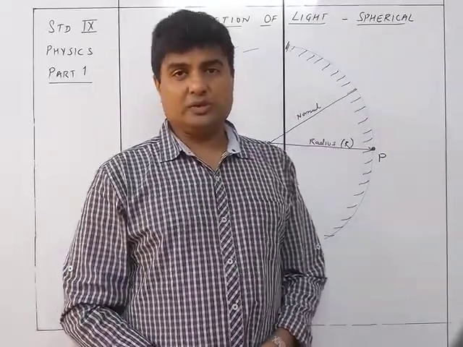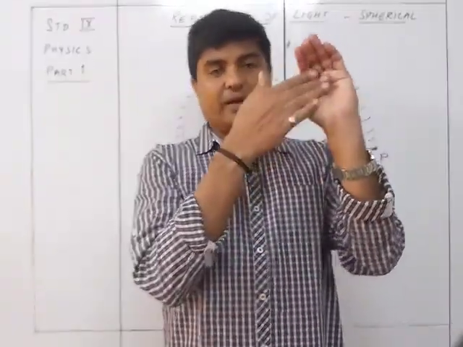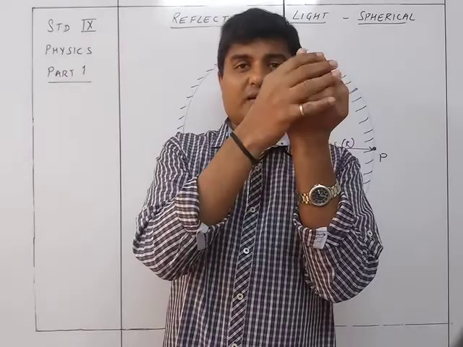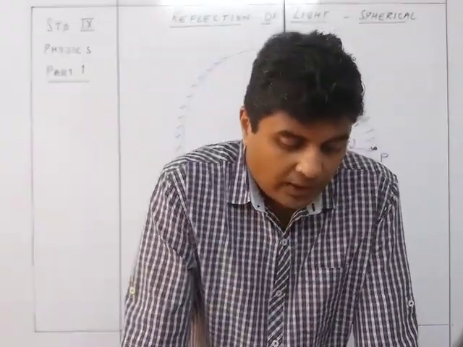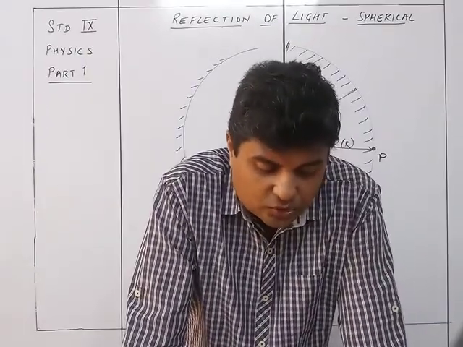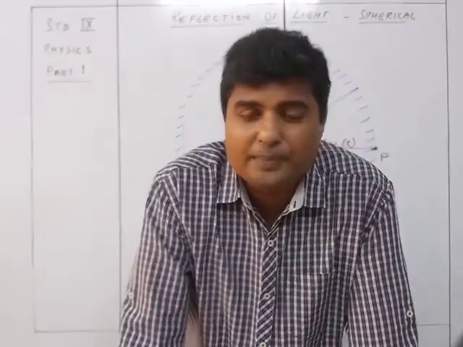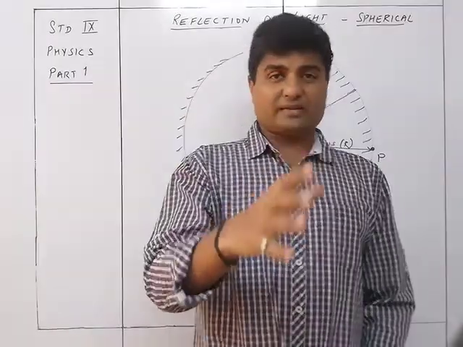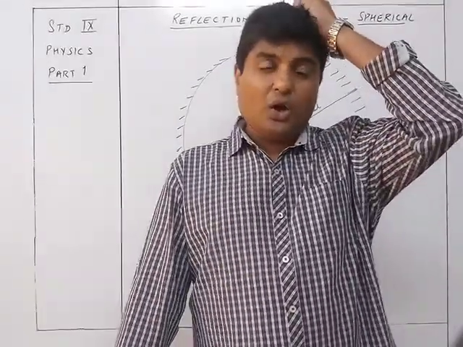Next is aperture. What is aperture? The complete reflecting surface. If this is the mirror, then this whole surface is the aperture. A plane surface area of the mirror through which the light ray enters and falls on the mirror is called the aperture. So this whole area where any incident ray can fall is called the aperture of the mirror.